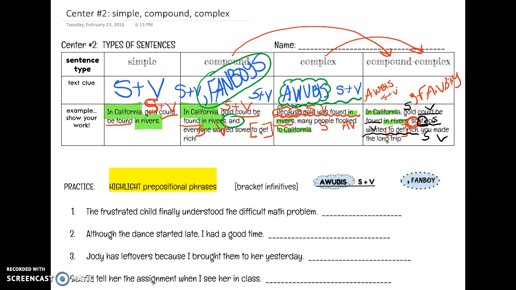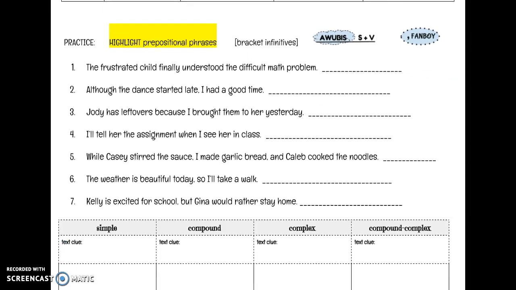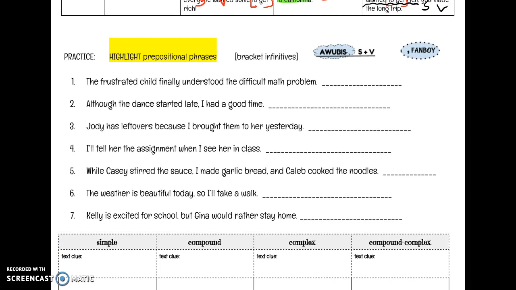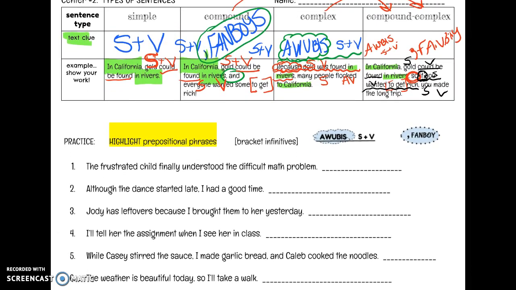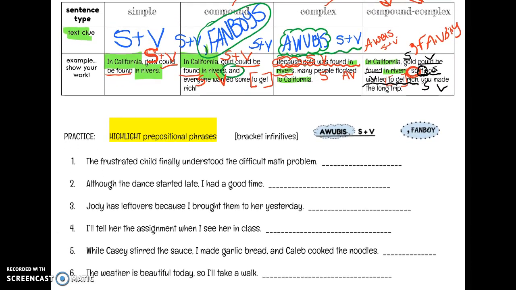So when we look at text clues, this is what I want you to be focused on. A subject and a verb, the comma FANBOY, the AWUBIS, and whether those ideas are put together. So let's try a couple sentences before you have to do this on your own. The first sentence says, the frustrated child finally understood the difficult math problem. Well, if I look at my text clue up there, can I rule out a compound sentence?